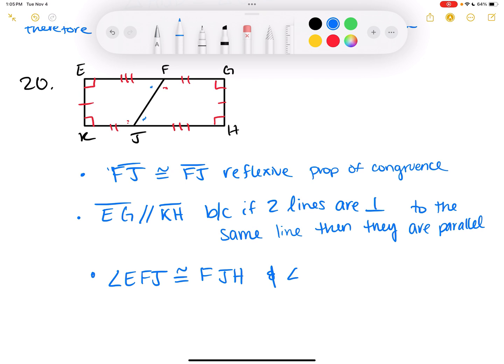GFJ is congruent to angle KJF. Were you not supposed to write an angle in front of FJH? Or were you? No, I just forgot to write it. By alternate interior angles theorem.